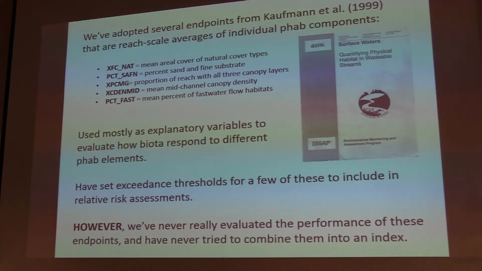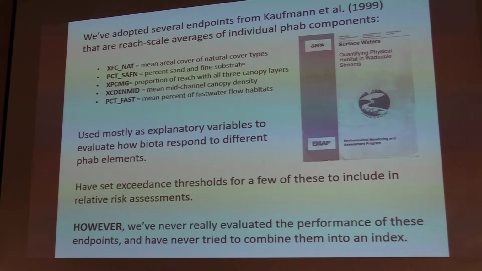And that acronym, that shorthand, it's not important, it's just what we call it. But that's the mean areal cover of natural cover types. We can calculate percent sand and fine substrate and other substrate metrics. We can calculate XPCMG, which is the proportion of reach that has all three canopy layers, and so on.